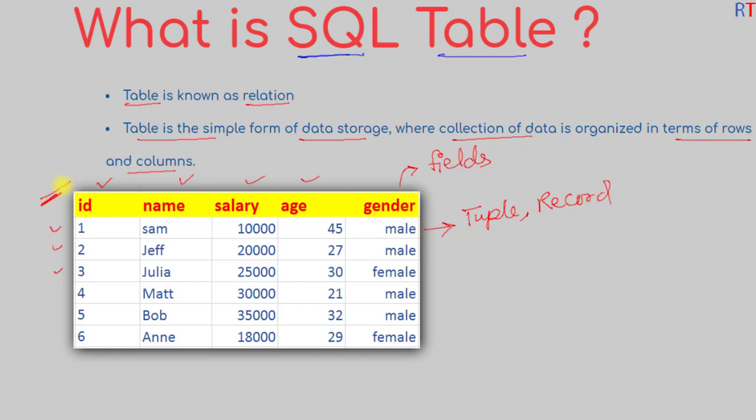So one table can have a specific number of fields, but the table can have a large number of records or tuples, and the whole table is called one relation.